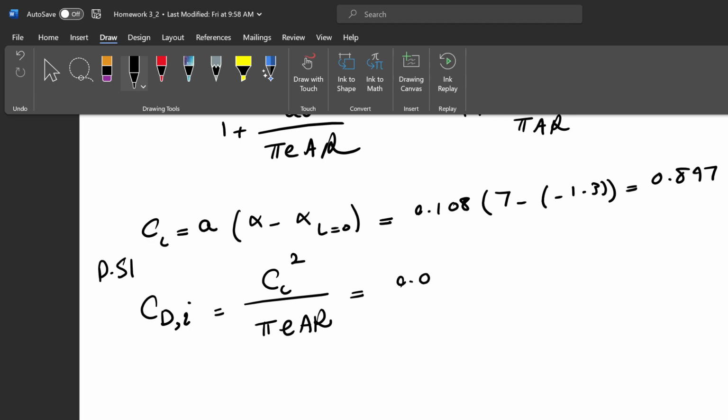You're going to get 0.034, which is along the lines that we guessed. It has to be a very, very small drag coefficient. Our drag coefficients are usually in the first decimal point. So 0.1, 0.2 is a very good drag coefficient, 0.3, 0.4, 0.5 in that range. So 0.0-something in the hundredths is a very, very small drag coefficient.